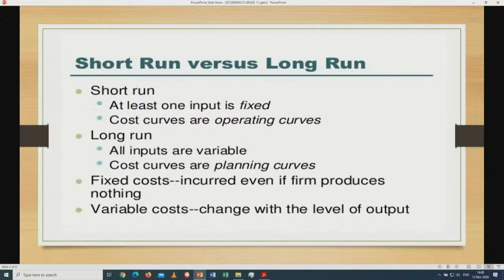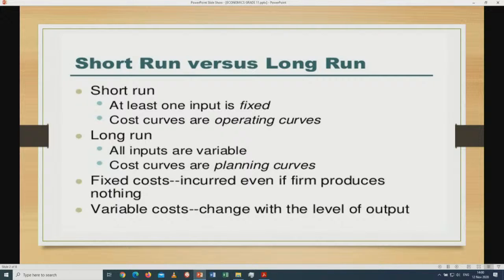For the same example that I have just used, I said to you the price of the machinery will stay the same. I said to you how much we pay for the rent will stay the same when I was talking about the short run. But if we were in the long run, where all inputs are variable, then it means we can change the machinery to the latest one.